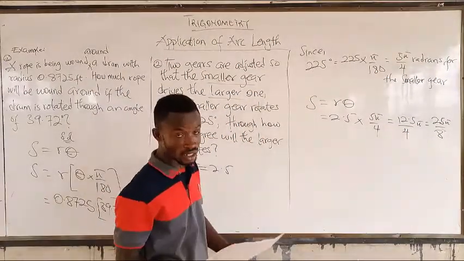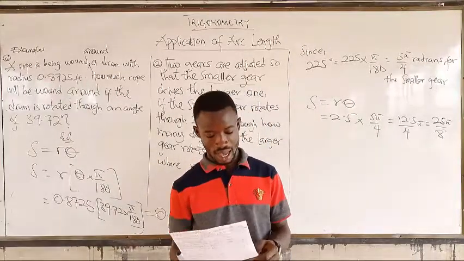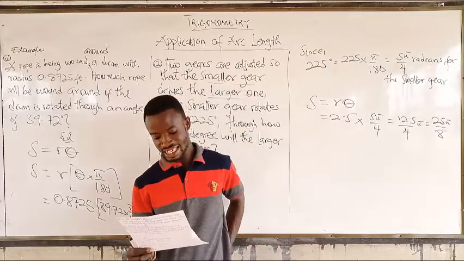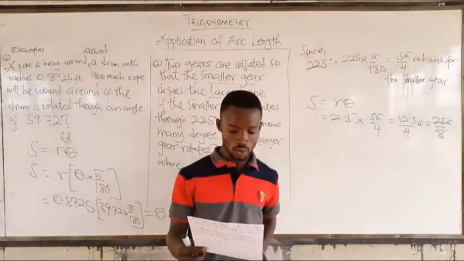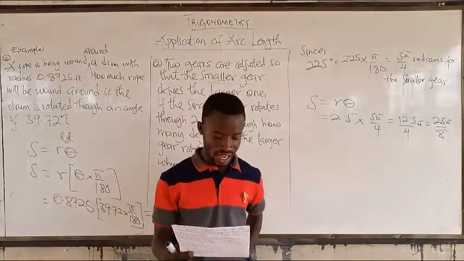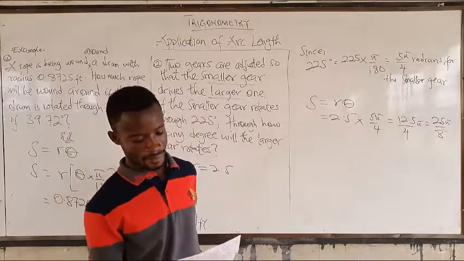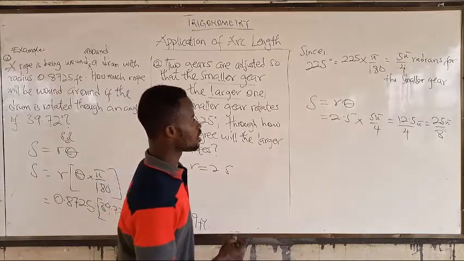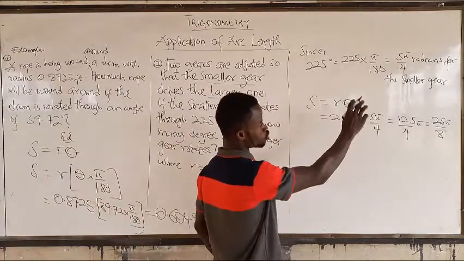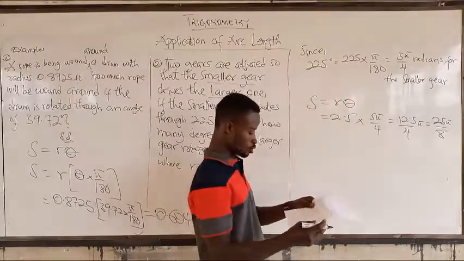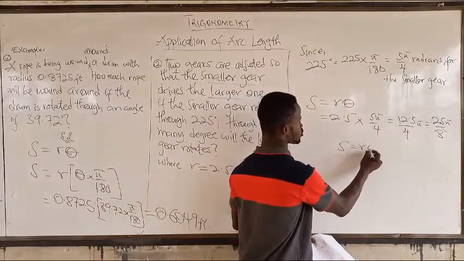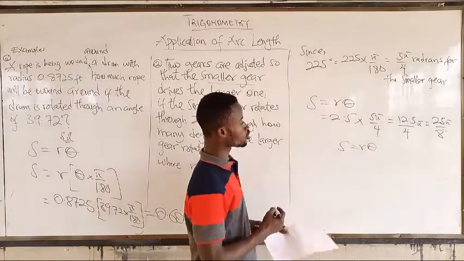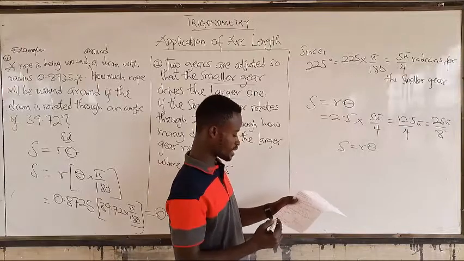So now an arc with this length on the larger gear corresponds to an angle measure in radians. So this is for the smaller one. Alright, so when s equals r theta, we move on to convert that.